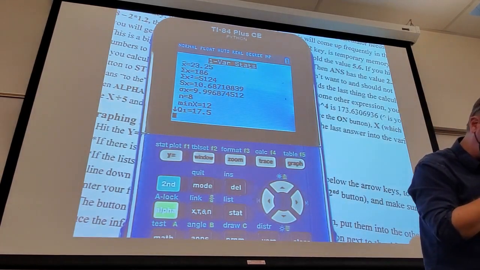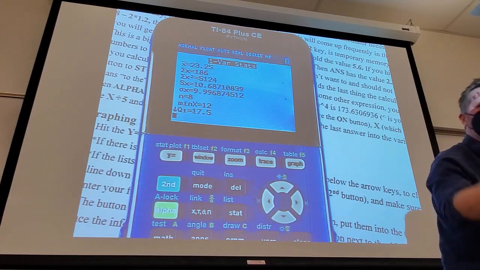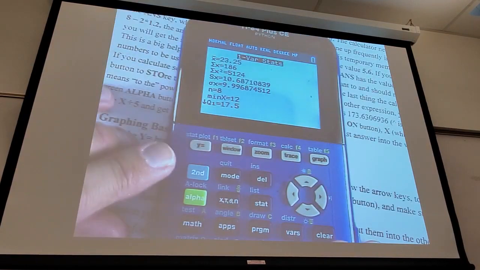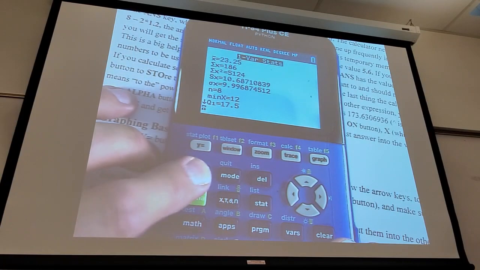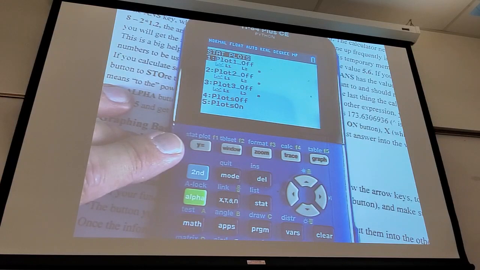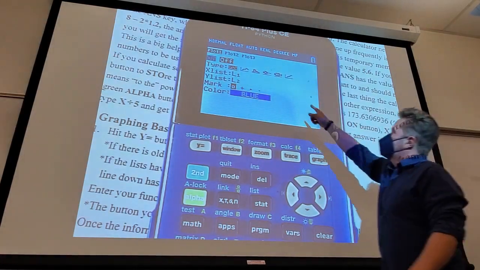I'm trying to think if there's a preview I can give you that would be useful. Here's a good idea. Look above y equals. See where it says stat plot? If you hit second y equals and go in here, what does it look like this is?